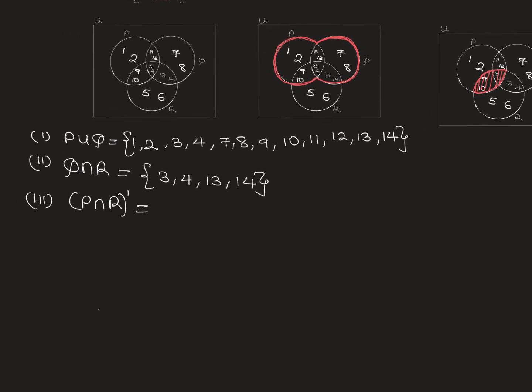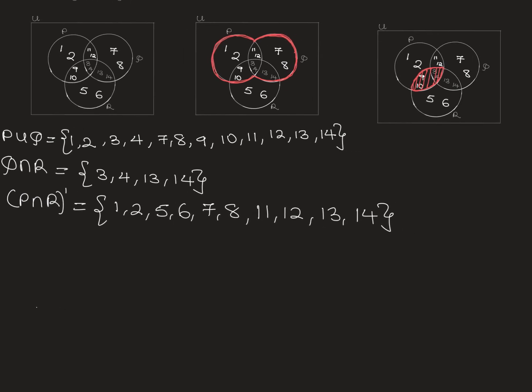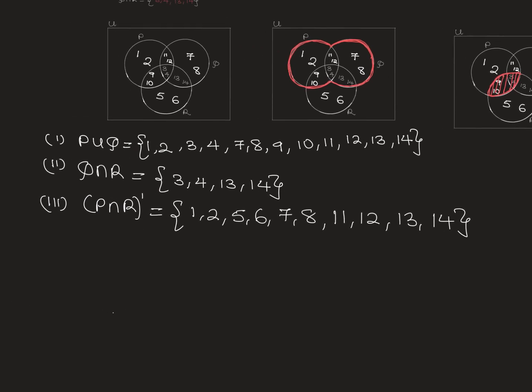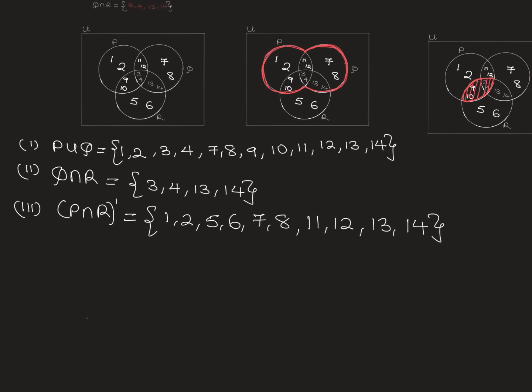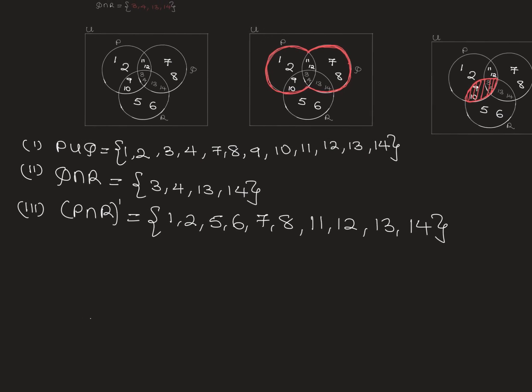So let's write that down. That is 1, 2, 5, 6, 7, 8, 11, 12, 13, and 14. Right? That is P intersection R all complement. Complement means you exclude that.